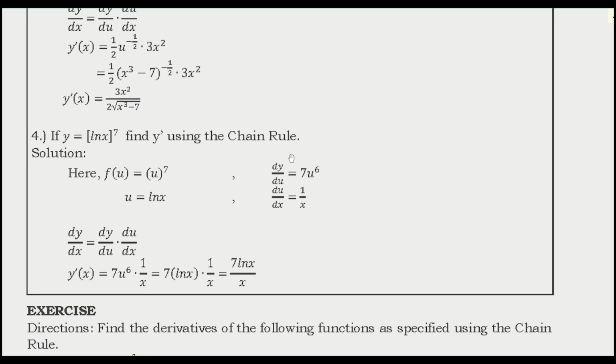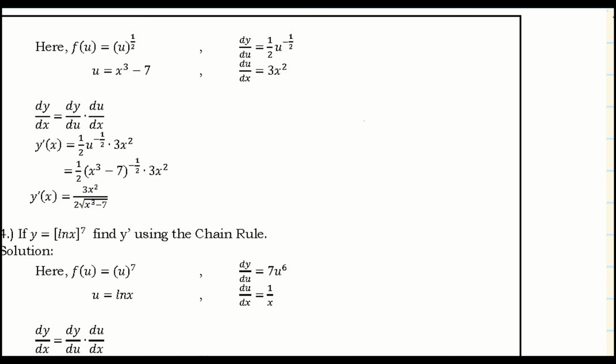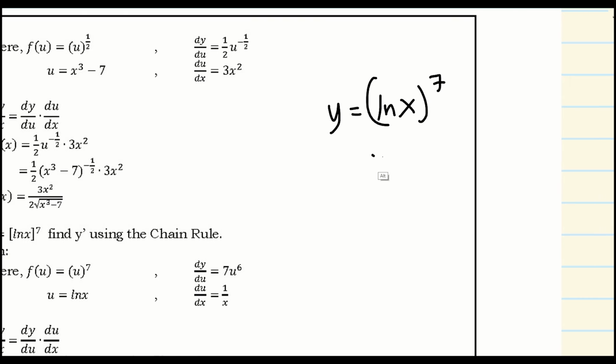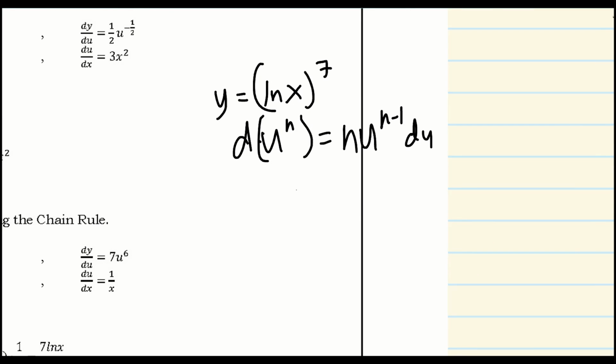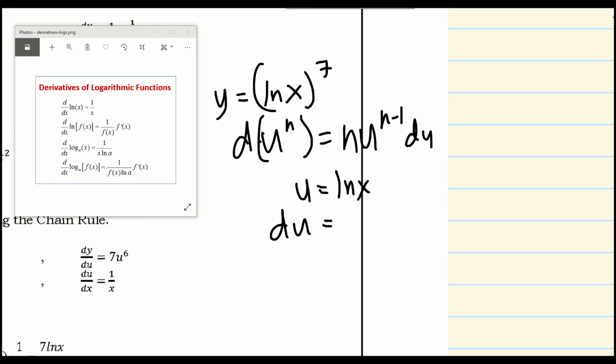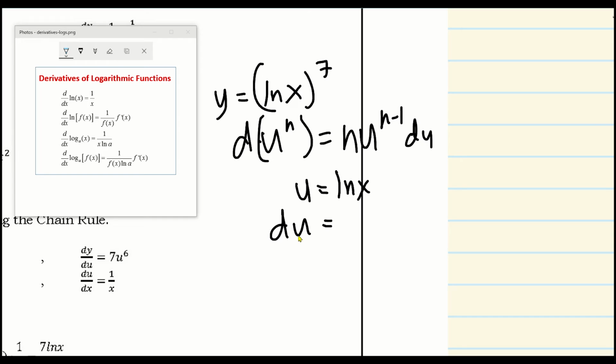Now, let's explain the next one, ln x to the power of 7. You have y is equal to ln x to the 7, right? So first you have the form u to the power of n, and then you derive it. It will be n u to the n minus 1 du. Then we have u is equal to ln x, and our du is equal to, you see this one, the derivative of ln x is 1 over x.